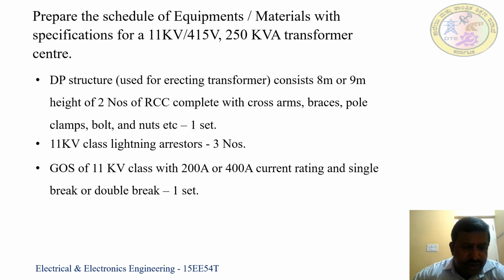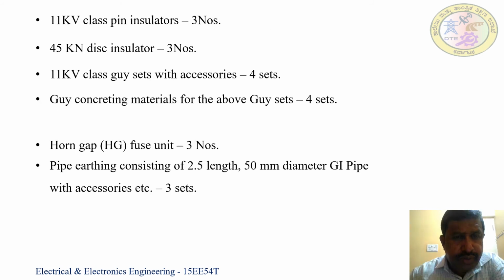Next, GOS, that is gang operating switch or group operating switch. It is of 11 kV class with the current ratings of 200 amps or 400 amps with the type single break or double break. So that is 1 set. Next material or device is 11 kV class pin insulator, total 3 numbers.